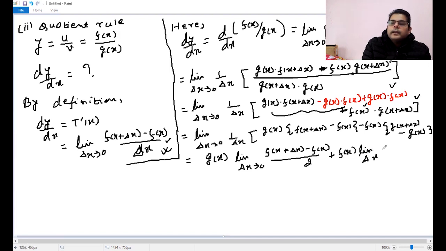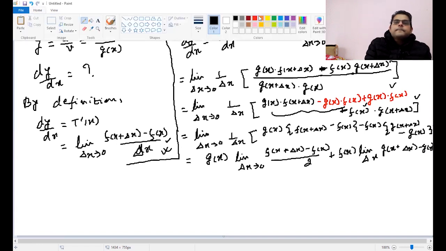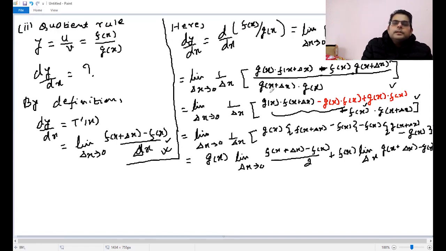So it is f(x), and the limit is applicable to another term. This is Δx, and then it is g(x+Δx) minus g(x). You know, we have been missing out one term from these steps. You can see in the denominator, every time there is g(x+Δx) and then g(x).